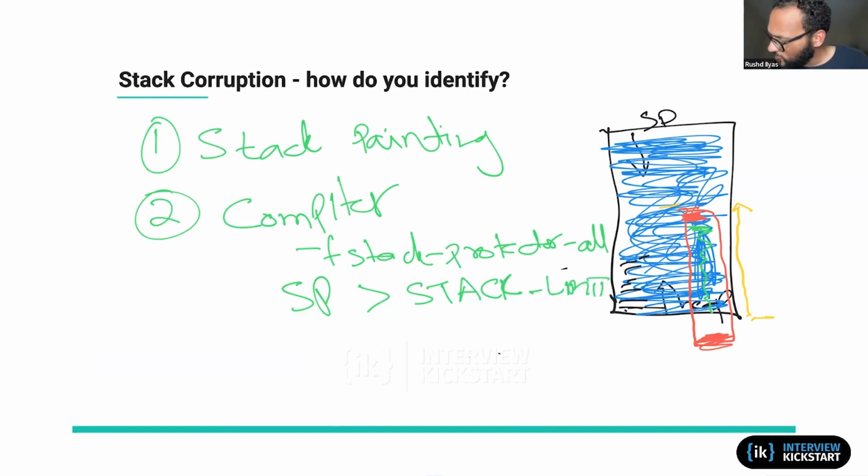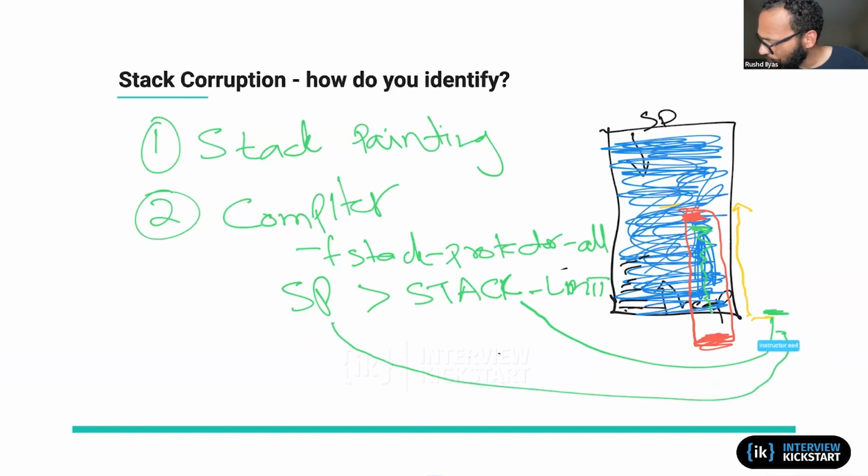Let's assume that this, where there's green, is our stack limit. And depending on where the stack pointer value is, over here or over here, it would show us if the stack has overflowed or not.